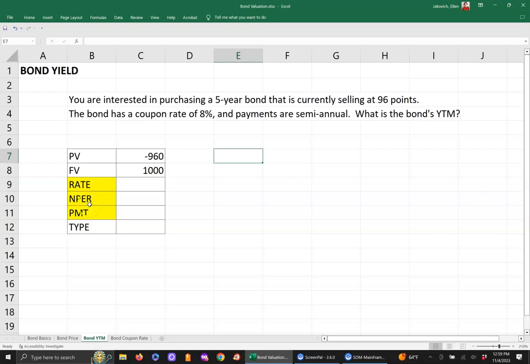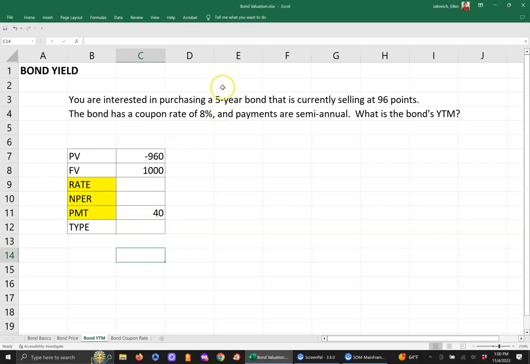So the coupon rate is 8%, which means the semi-annual coupon rate would be 4%. Well, 4% of what? 4% of par. So twice a year, we will get 4% of $1,000, which is $40. So I'll put that right there.